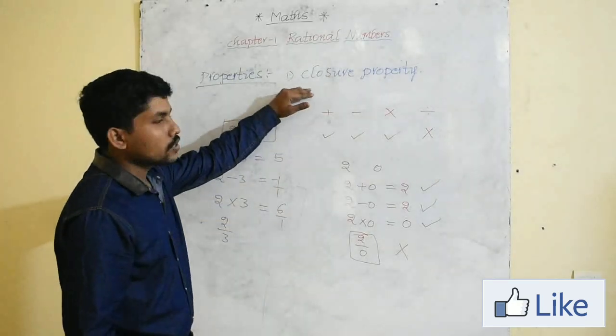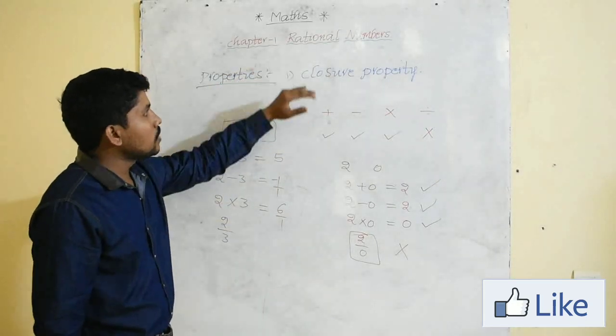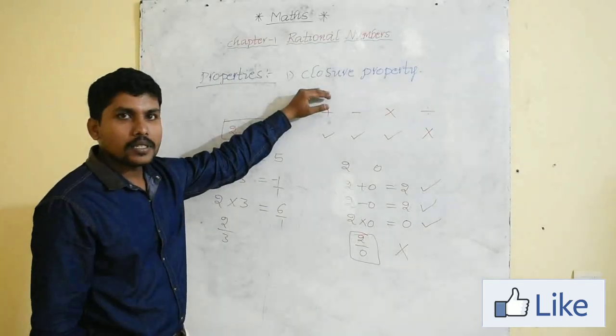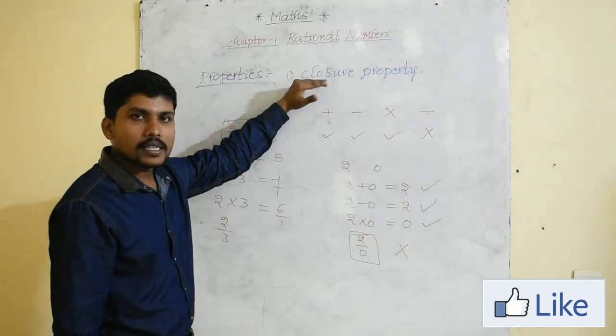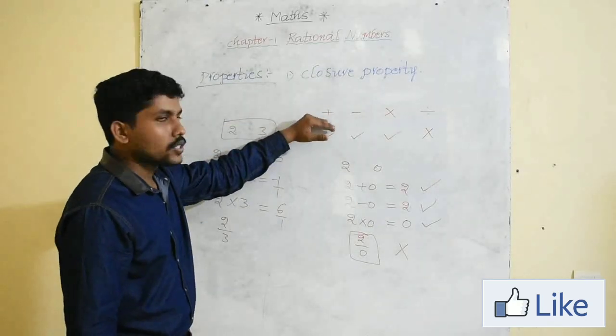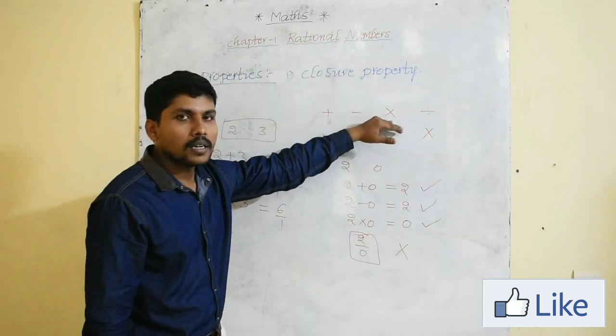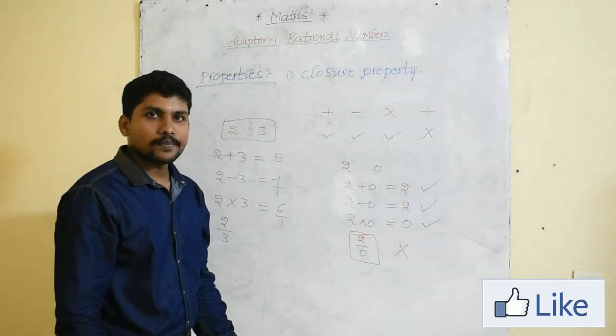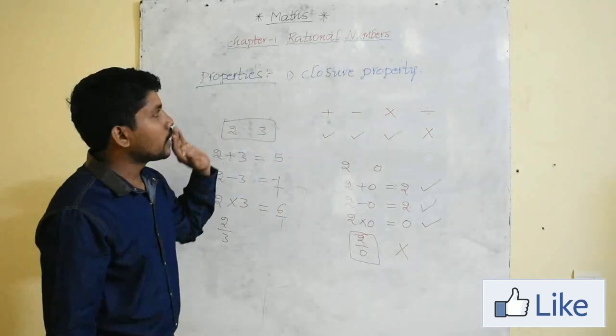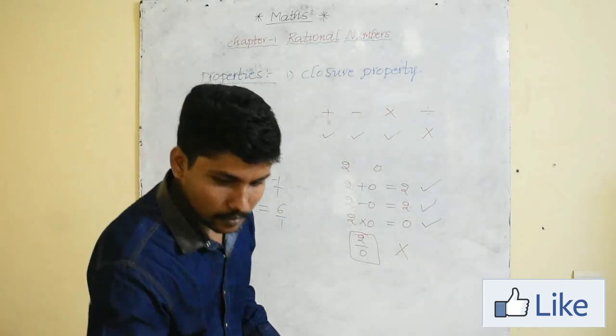So this is the first property for rational numbers. If you take a pair of rational numbers under any binary operation, the closure property is satisfied for addition, subtraction and multiplication, but it cannot be satisfied for division.